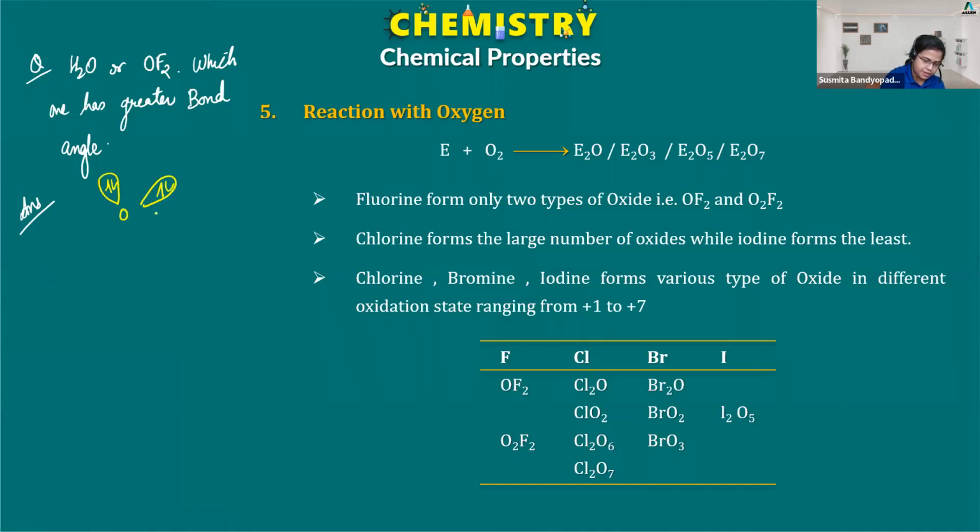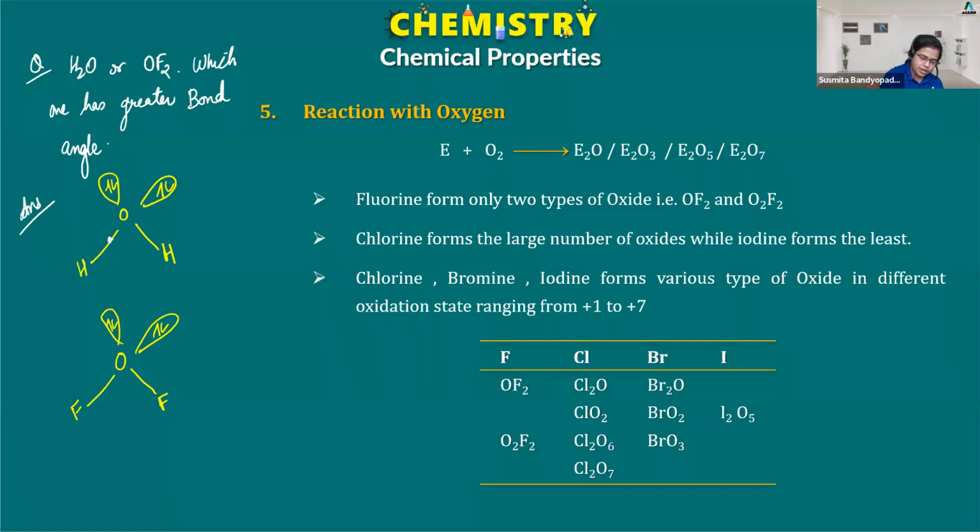Both are sp3 hybridized, two bond pairs, two lone pairs. So you know oxygen is much more electronegative than hydrogen.